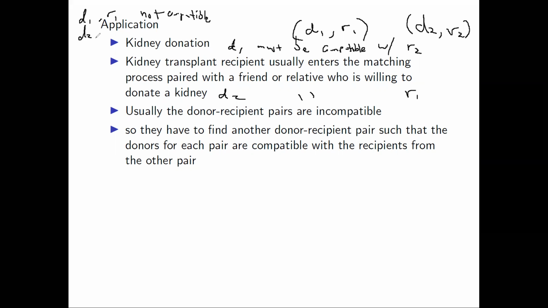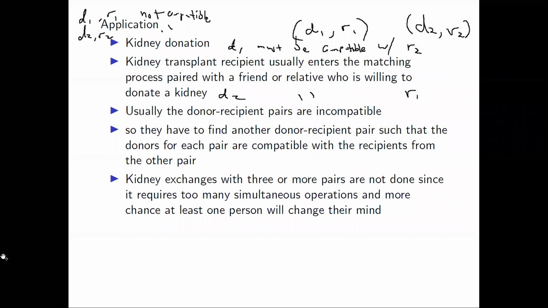Same with D2, R2. But D1 and R2, they are compatible. And D2 and R1, they are compatible. So that's the goal. The two of these people, the donor and the recipient, who are incompatible, they enter the process and they're trying to find some other pair with which they're compatible.